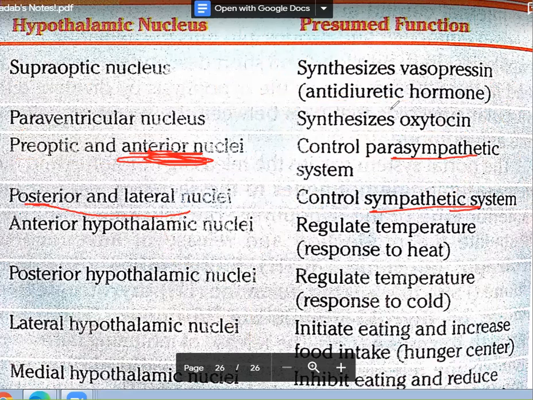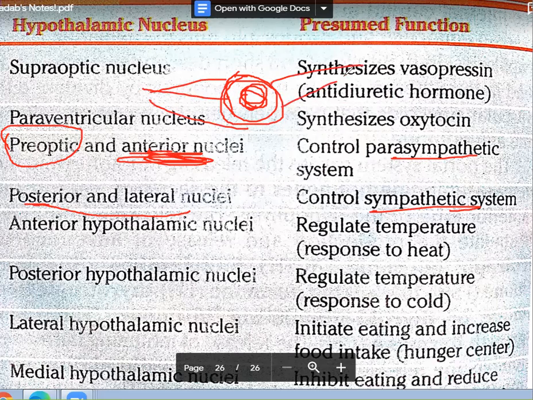Also, one thing you have to remember is the preoptic. This is different. Parasympathetic is also controlled by the preoptic. I also told you this yesterday, that we have these radial muscles of the iris, and we have ciliary muscles inside.